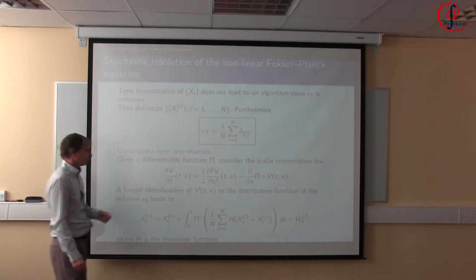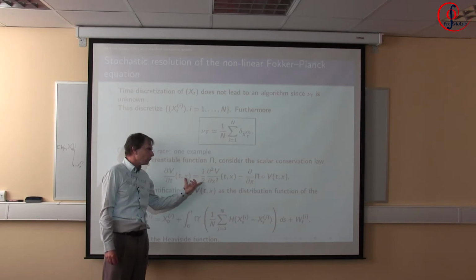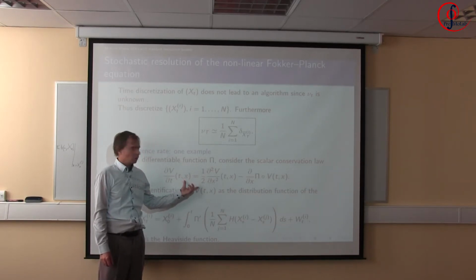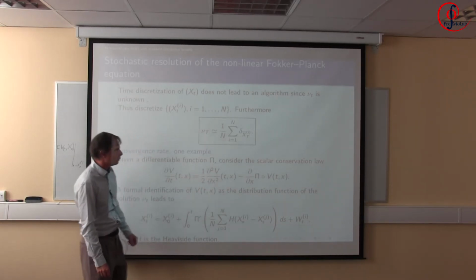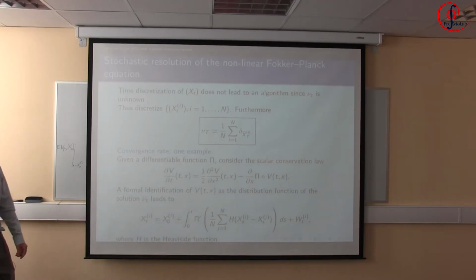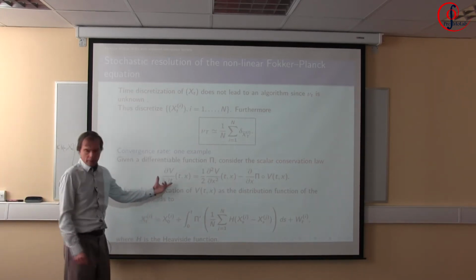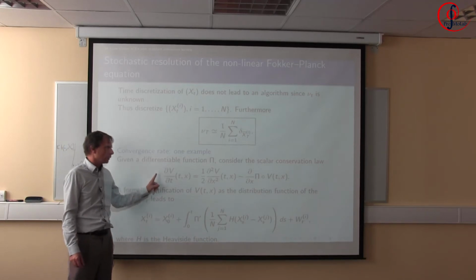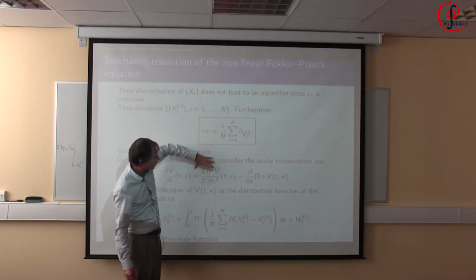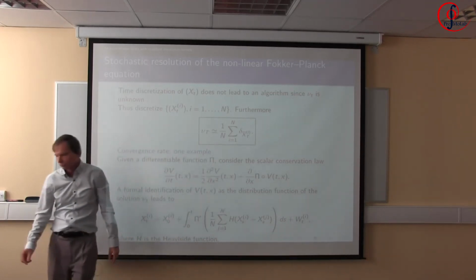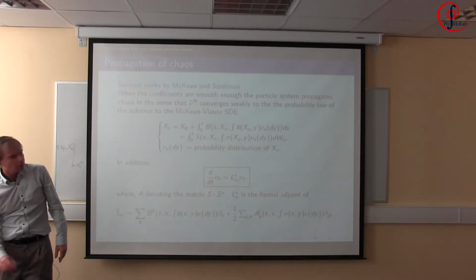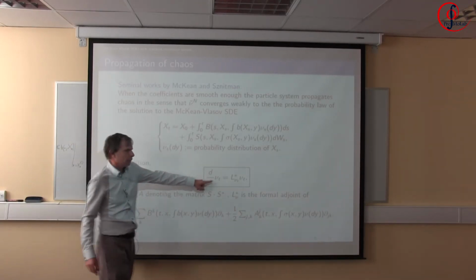So, for example, this formula includes the Burgers equation, but many other conservation laws in dimension 1, at least. So there are two ways of playing with this equation. Either you interpret it as the Fokker-Planck equation itself.